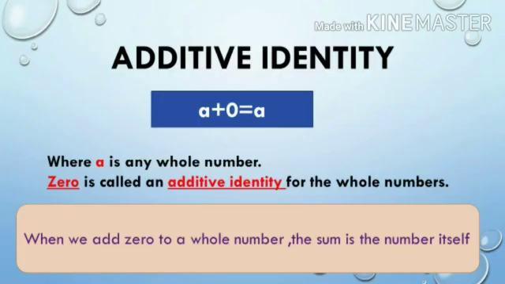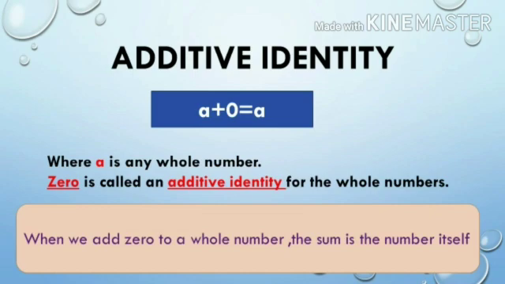Now additive identity means a plus 0 is equal to a, where a is any whole number, and 0 is called the additive identity for the whole numbers.